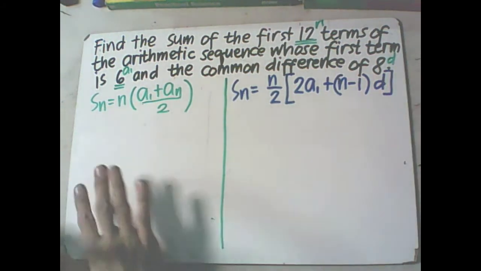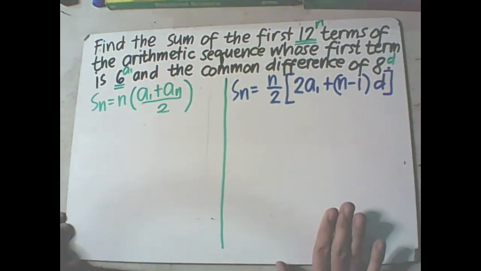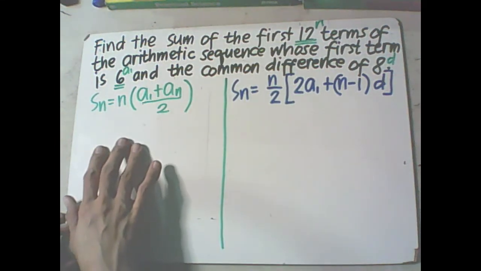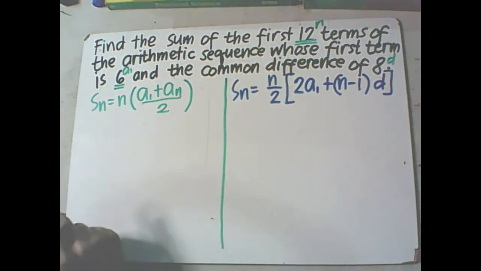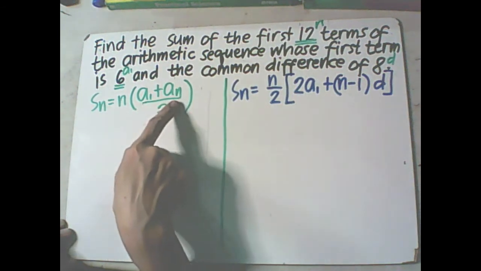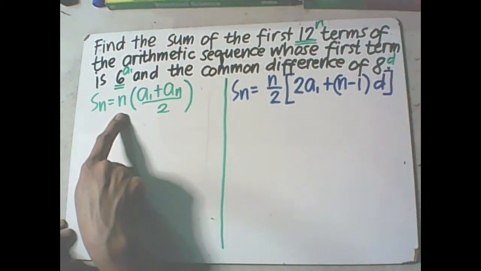We actually have two options as to how we are going to solve this. Here's the first one, wherein the only terms that are involved are the first term, the last term or the 12th term, and the number of terms.